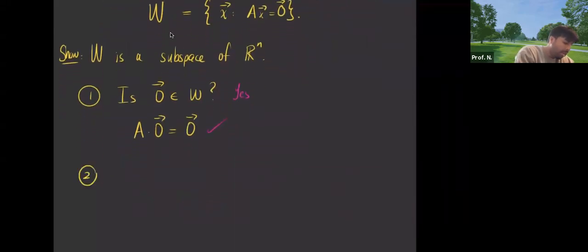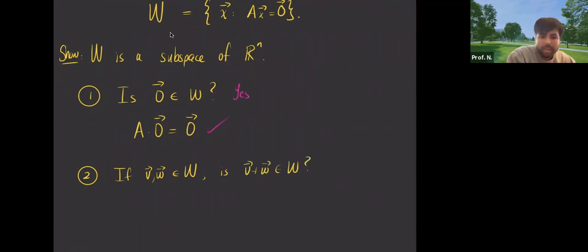Secondly, if V and W are in W, is V plus W also in W? What does it mean for V and W to be in W? It means that I take A and multiply it by V, and I get zero. That's what it means to be in W. And it also means that A times W also gives me zero.